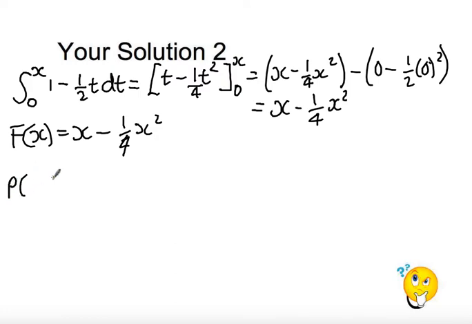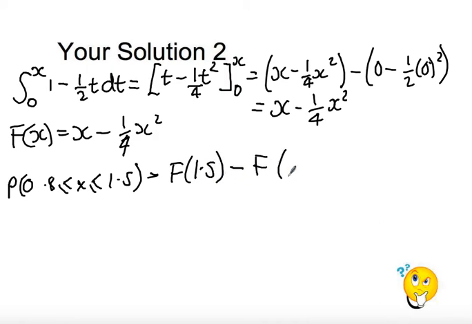Probability that x lies between 0.8 and 1.5. So simply going to calculate the cumulative distribution function, substituting 1.5 into that, minus when we substitute 0.8 into that cumulative distribution function.